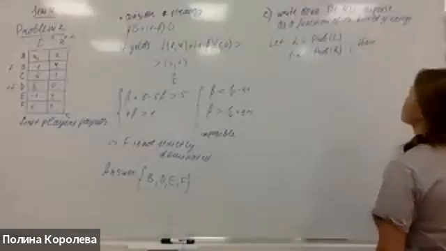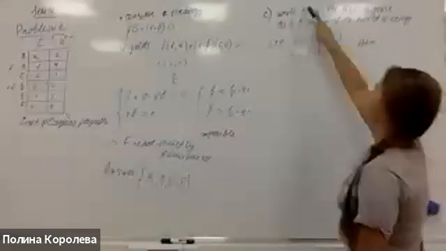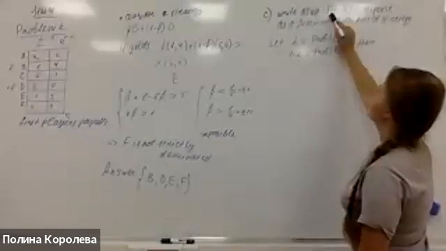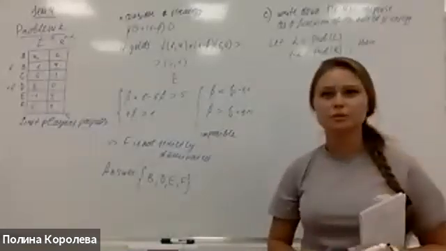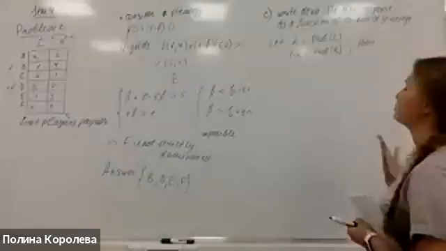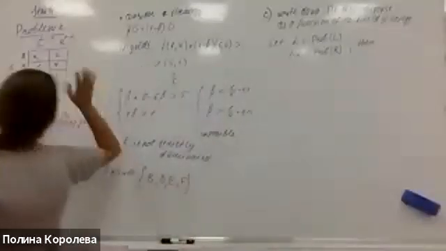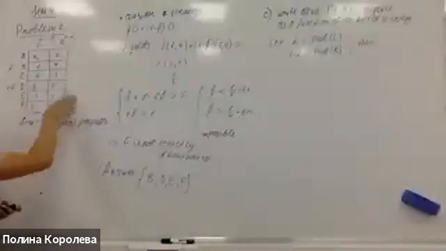Then what we should do? We should write down player 1's best response. What does best response mean? What to do in response to every strategy of our second player.